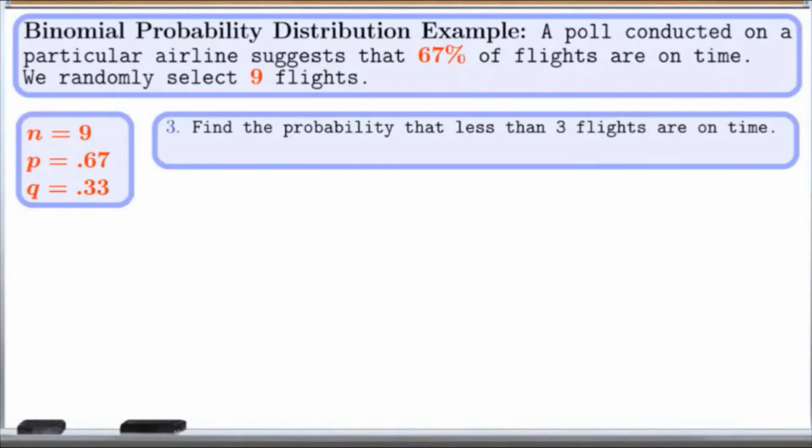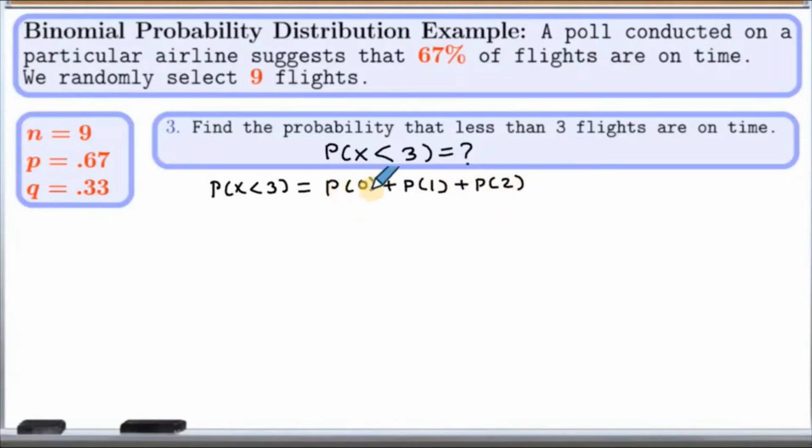Now let's look at the third problem here. Here we are supposed to find the probability that less than 3 flights are on time. So we are supposed to find probability of x less than 3. This can also be written as probability of x less than 3 is equal to probability of 0 plus probability of 1 plus probability of 2.